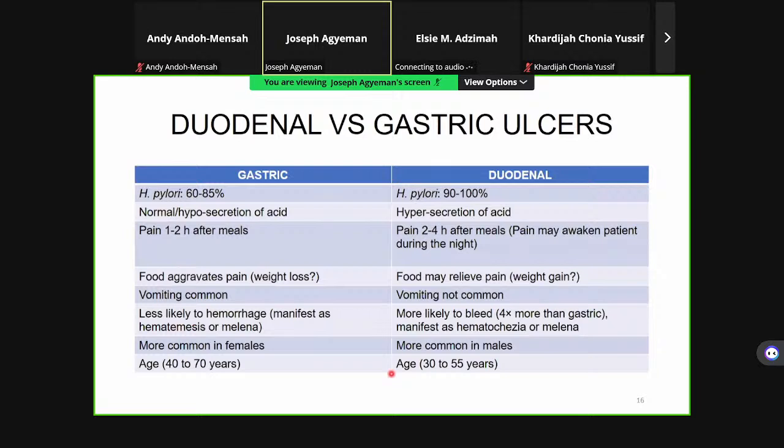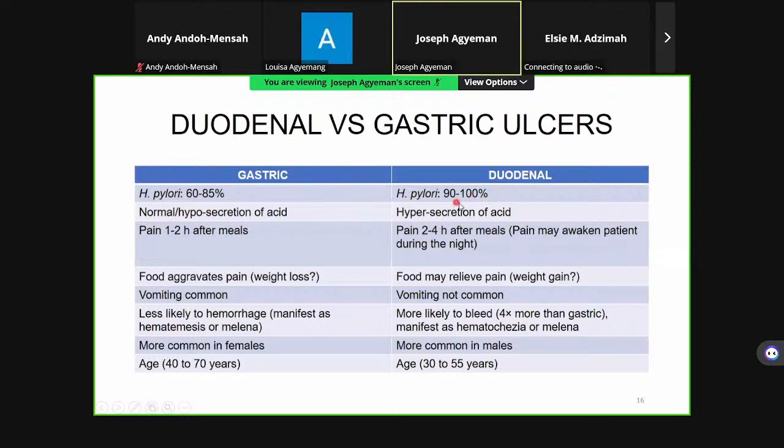Now, there are two main types of peptic ulcer disease. It either happens within the gastric region or within the duodenal region, or if you're unlucky, you get both. So in terms of the cause by H. pylori, as I said, duodenal ulcers have more relationship with H. pylori as compared to gastric.